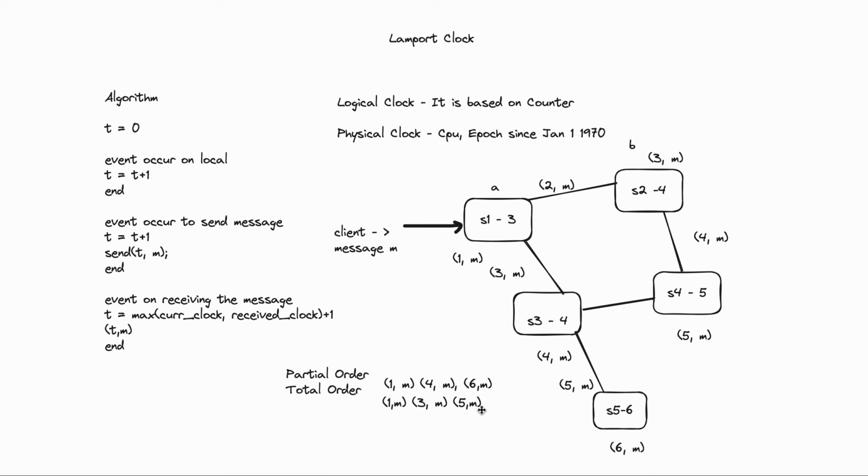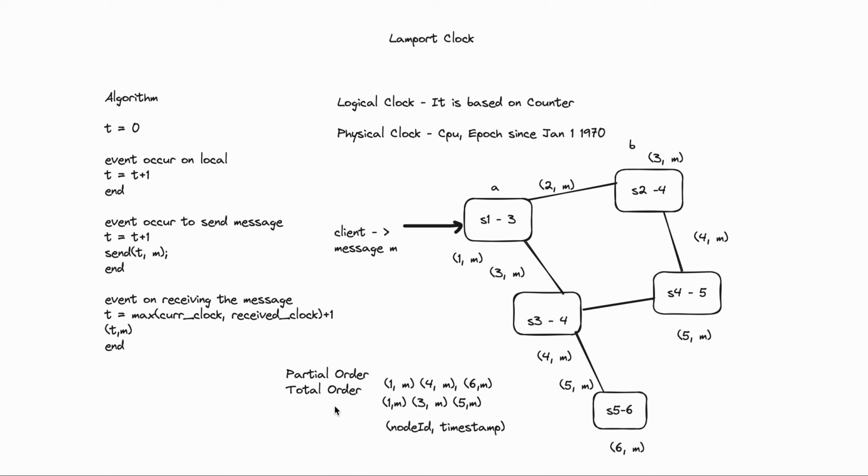In order to achieve the total order, we can add 2 more parameters: a node ID and a timestamp. We can give an individual node ID to each machine, so we can uniquely identify the message across machines. Whenever we persist these two things with the message, we can uniquely identify the message and order it, and we can come up with a total order with these 2 extra parameters.